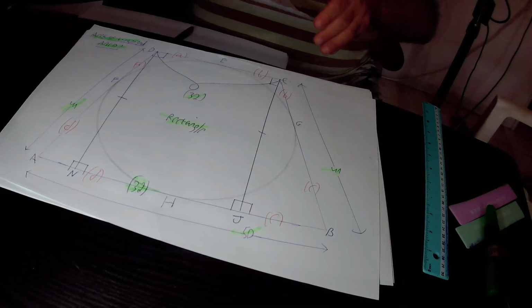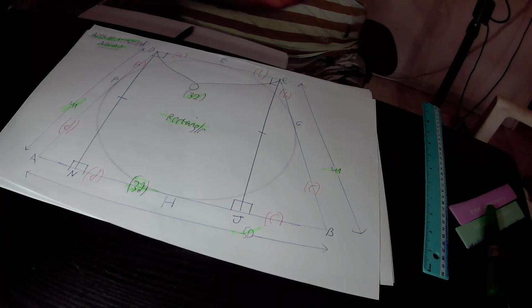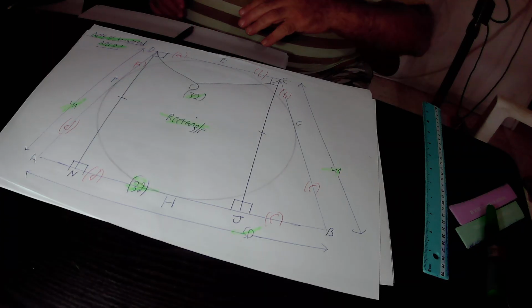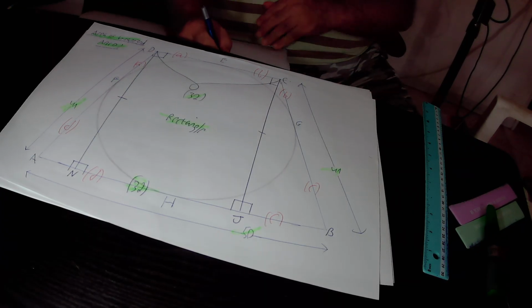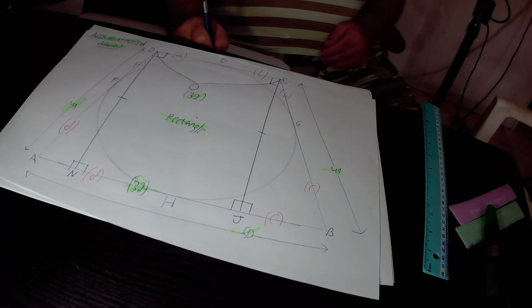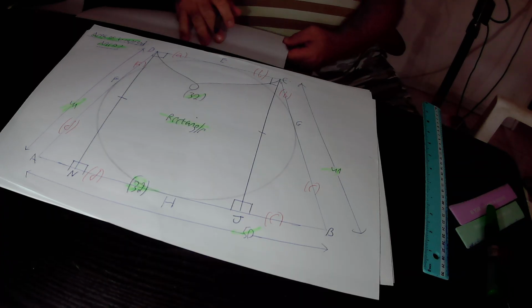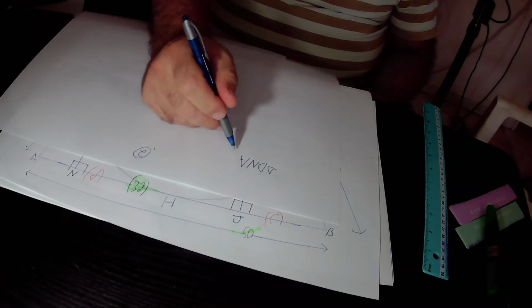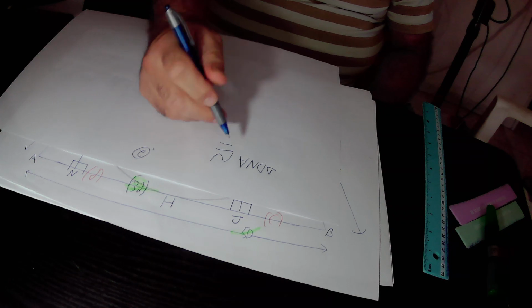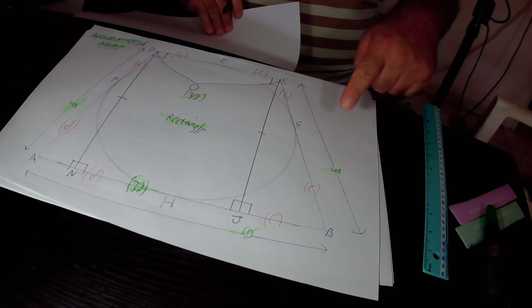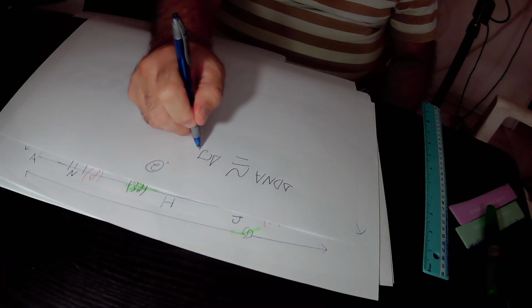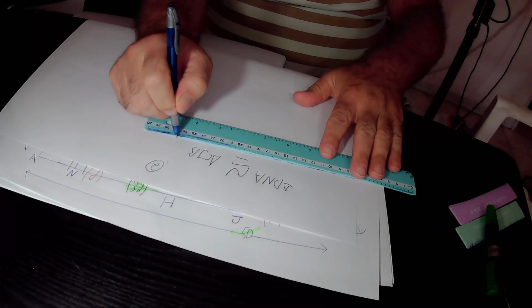So now we actually found out that the right triangle DNA is congruent to the right triangle CJB according to the side rule.